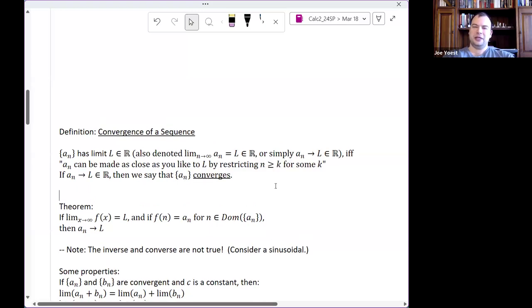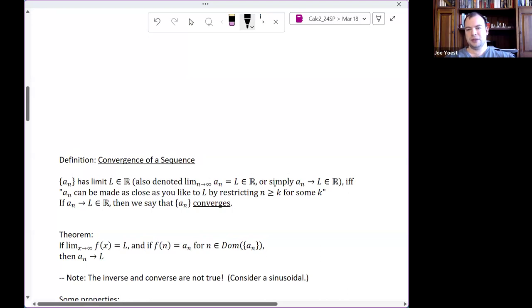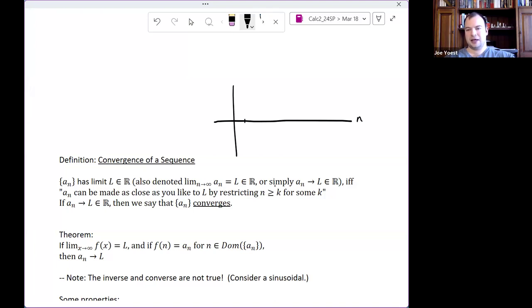Note that this isn't quite the same as saying that you keep getting close to L as you go further in the sequence. So if we thought of graphing our sequence, that's something we can do, right? We could just say this is like the n axis, and here we have 1 and 2 and 3 and 4 and so on, and these are our outputs an.